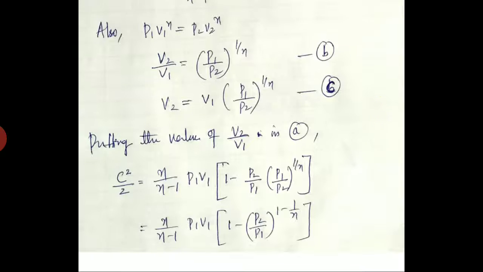So we are getting C square by 2 equal to n by n minus 1 P1 V1 into 1 minus P2 by P1, with P1 by P2 whole raised to 1 minus 1 by n.